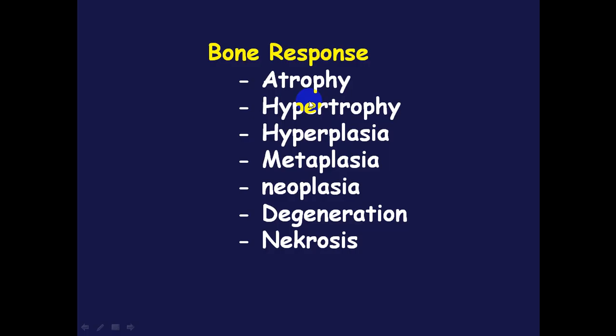You know, atrophy is a reduction in the size of organs. Hypertrophy is increased size of organs, and hyperplasia means increased formation of new cells, more additional cells. And then metaplasia is a change in the type of the cells. Neoplasia means tumor, and then there are degeneration and necrosis.